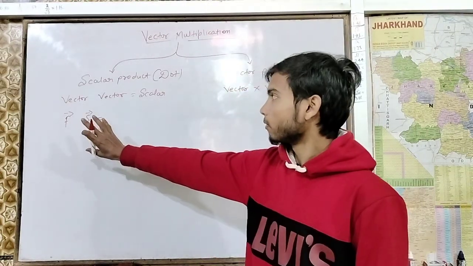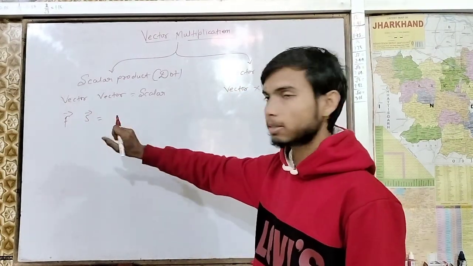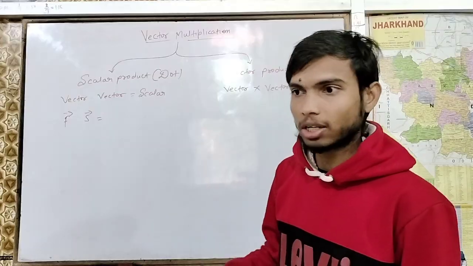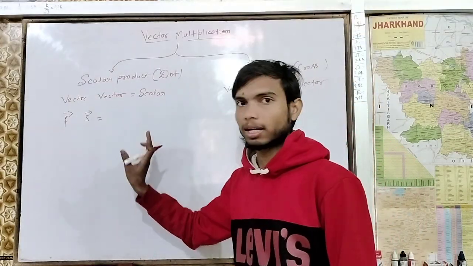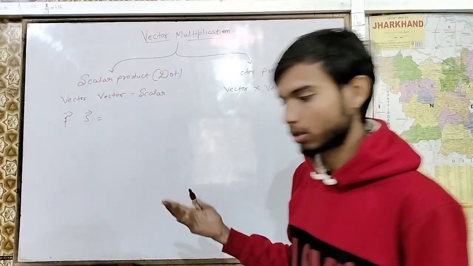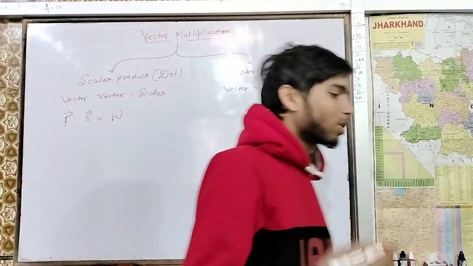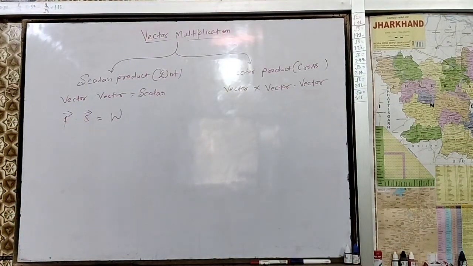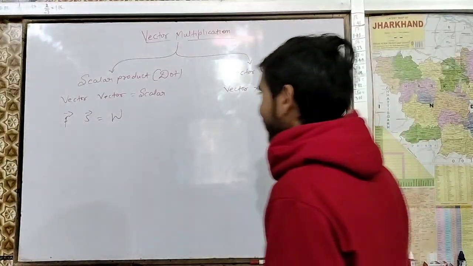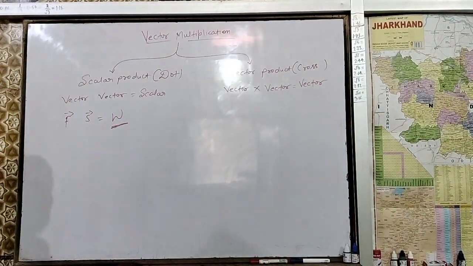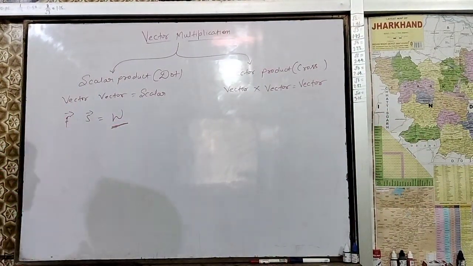Here force is our vector, displacement is also our vector. Now we multiply both vectors. The result is work, but work is not a vector. This is a scalar. So this result is a scalar.